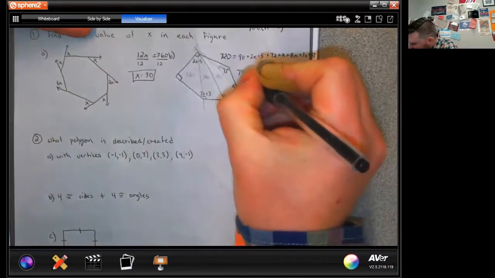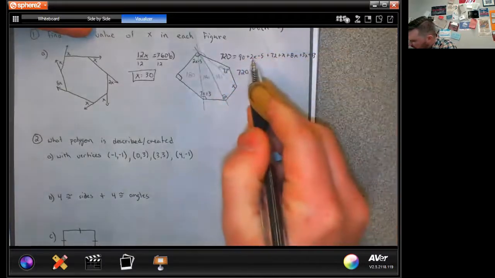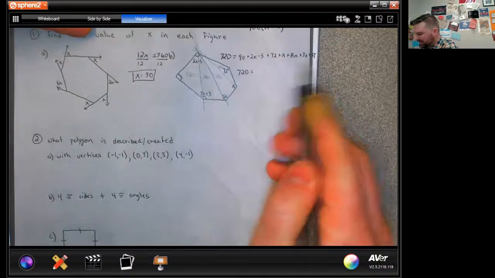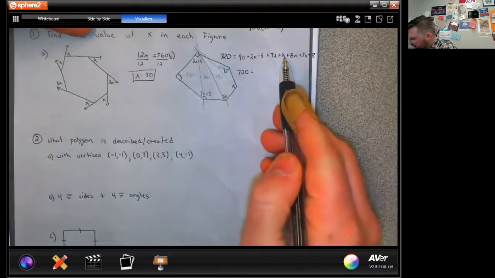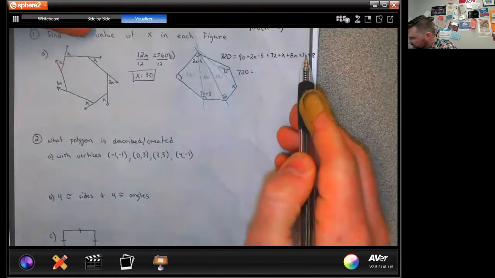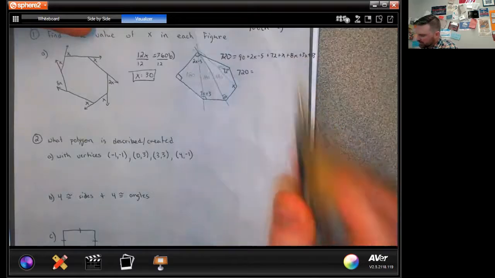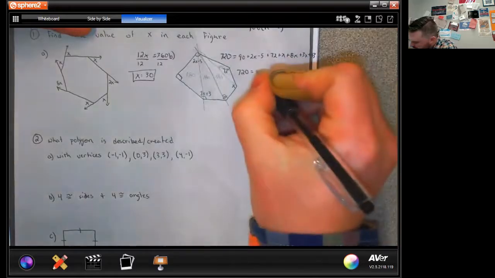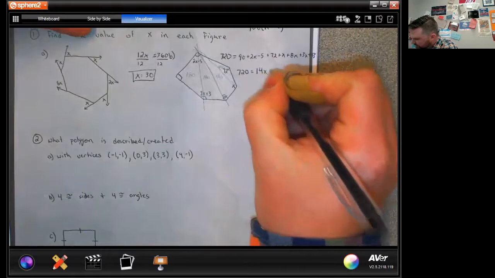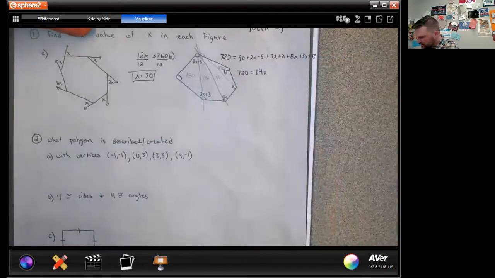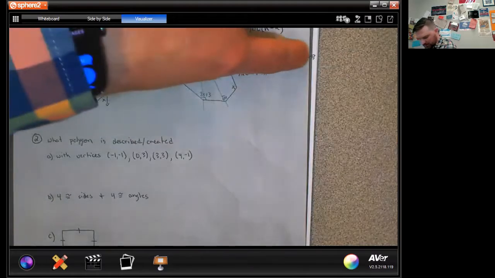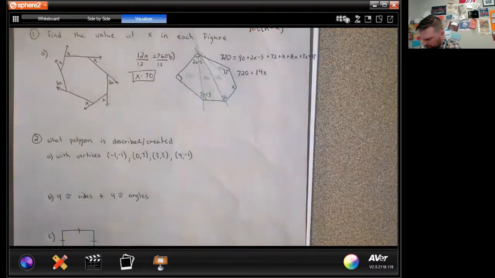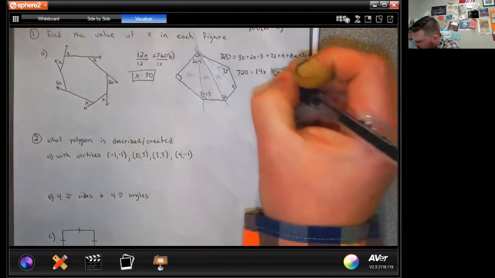So 720 equals, if we go over here, add the x's. I'm just going to combine like terms. So I have 2, 3, 6, and 8. So 6 plus 8 is 14, so I have 14x. And then I have 90 minus 5 plus 72 plus 13, and that is a positive 170.